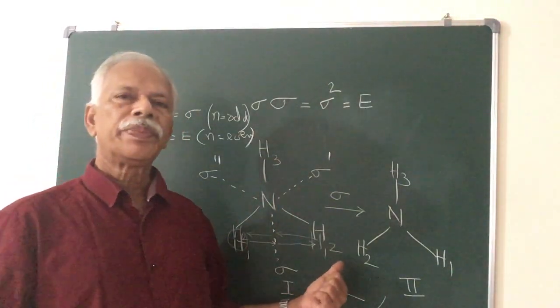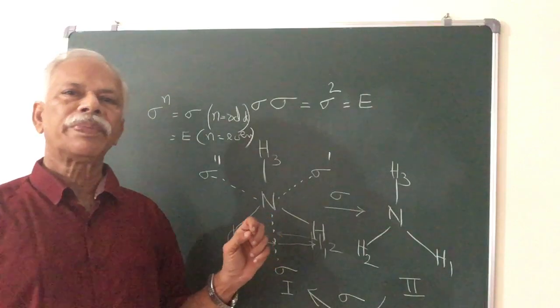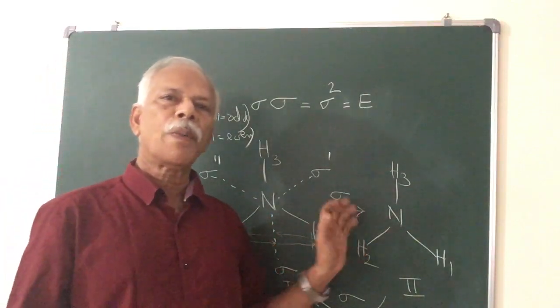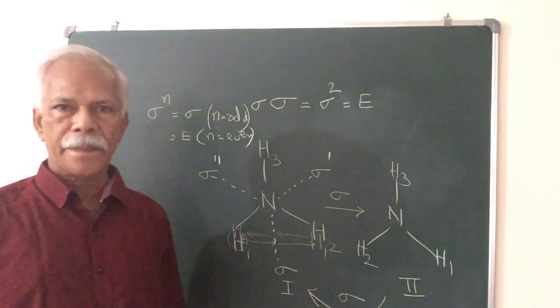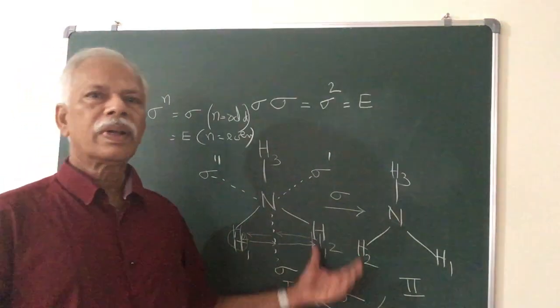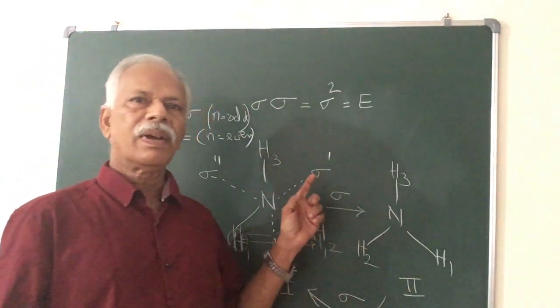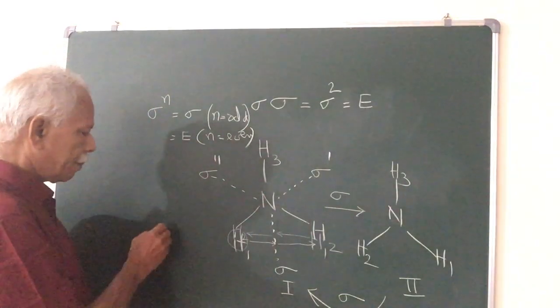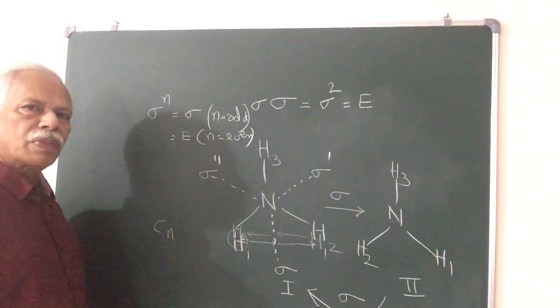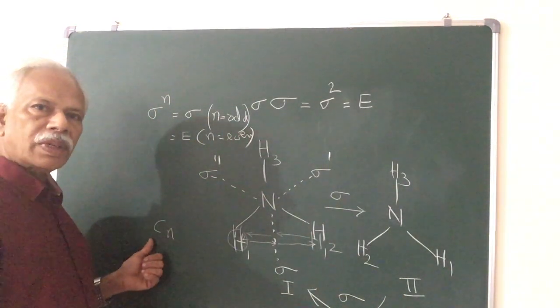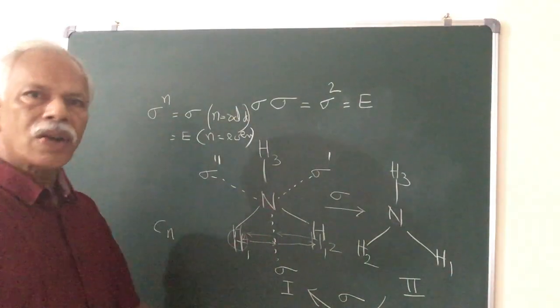By the by, the notation for elements of symmetry and operations associated with it is the same. Earlier, we have used n-fold axis of symmetry as Cn, but suppose I say a Cn is done on the molecule.